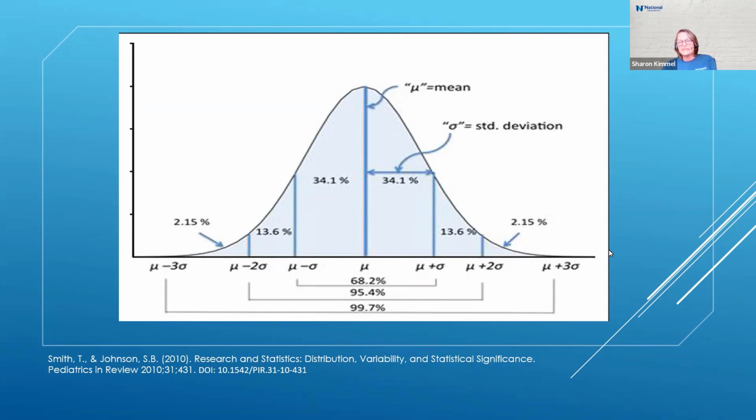It extends indefinitely, and there's always something underneath this tail. So according to the central limit theorem, the further away from the mean that a data point falls, the more likely that data point is unique or by chance.